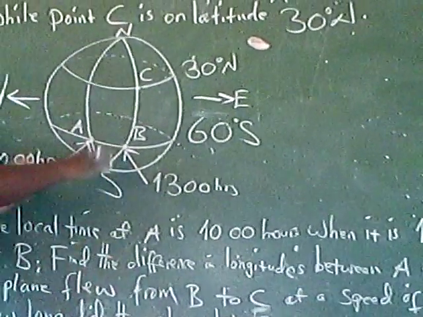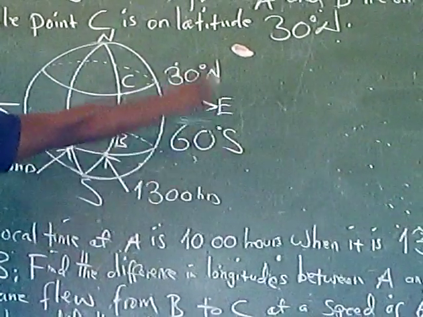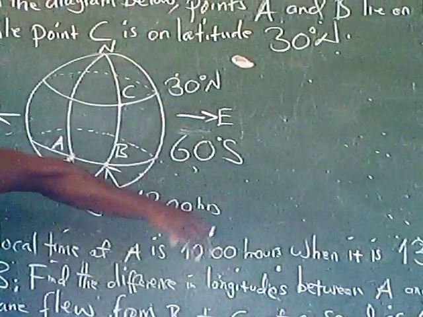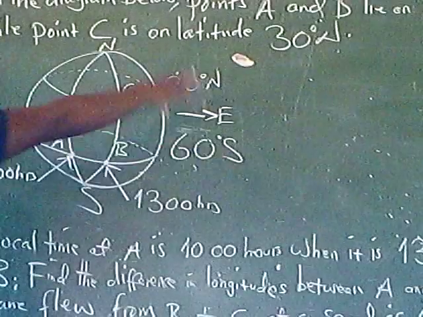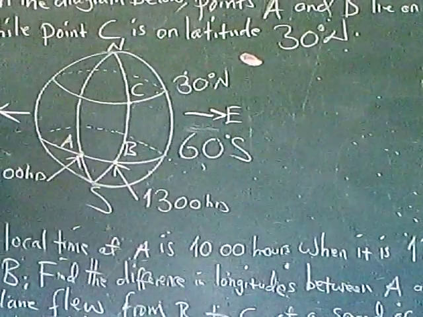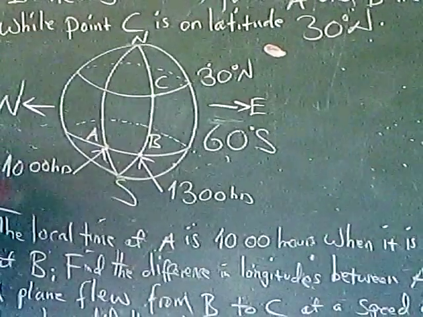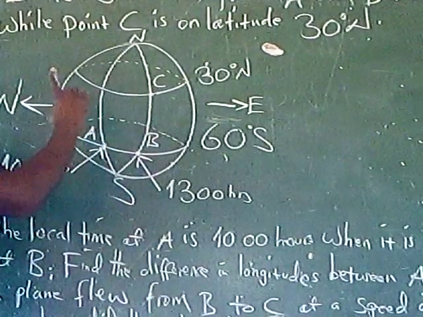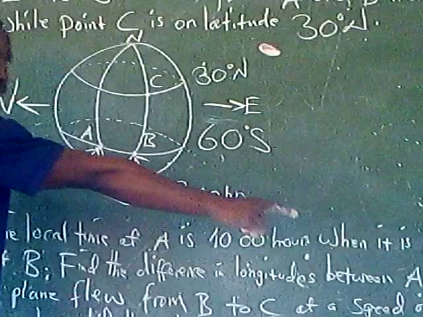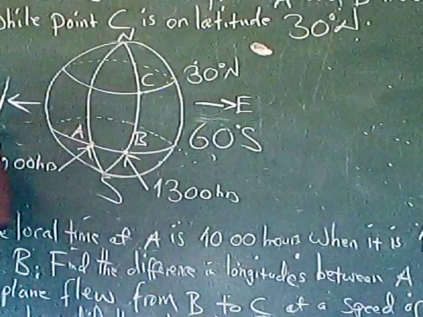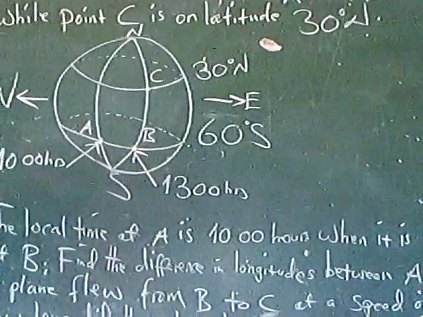A place that is on the eastern part of the world is always ahead, in terms of time, of a place that is on the western part. Always, that's how it is. So what are we saying? As we move towards east, there is a gaining of hours. As we move towards west, there is a losing of hours. That's the concept that I want you to know.